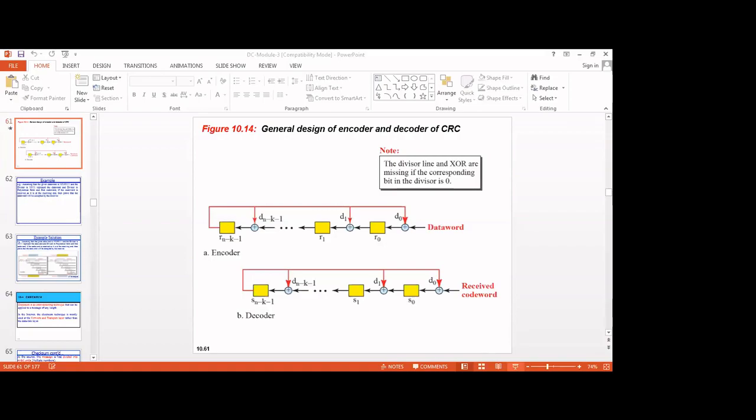Okay, fine. So last time we had seen something on the general design of the encoder, where we had the extended data word and the XOR operation, R0, R1, till D of n minus k minus 1. So this was the scenario.